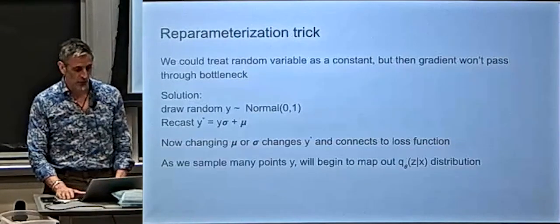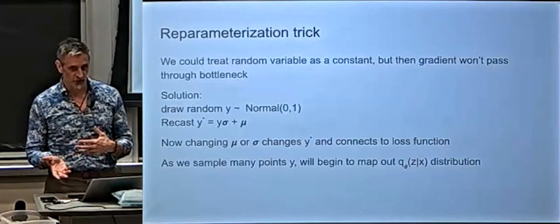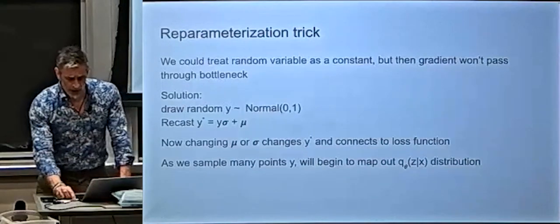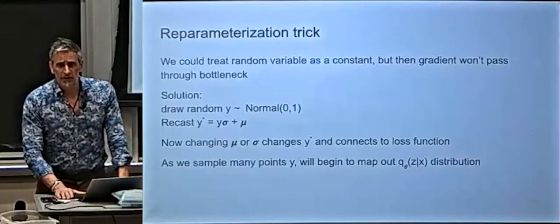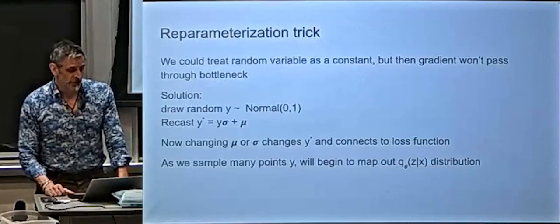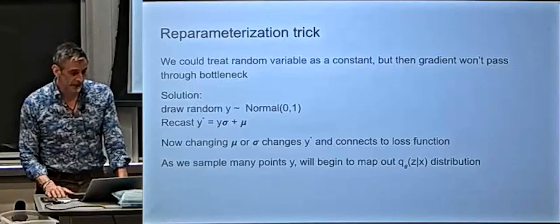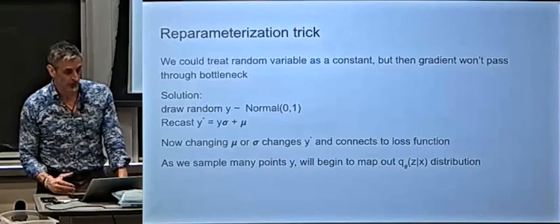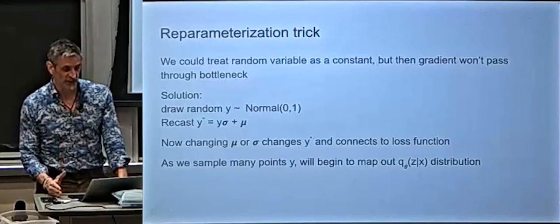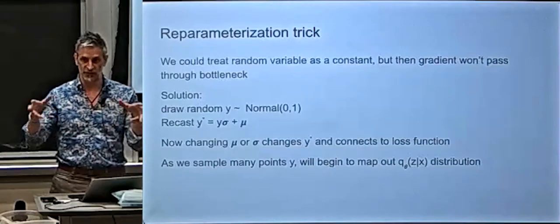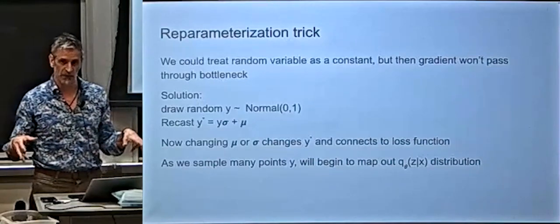Okay, so the trick is really simple, and this is used, I think it maybe first appeared in VAEs, and it's used in a lot of different models now that have the stochastic step. What we're going to do is center on the mean, and then we have that mean plus some normal distribution, which is defined by sigma.